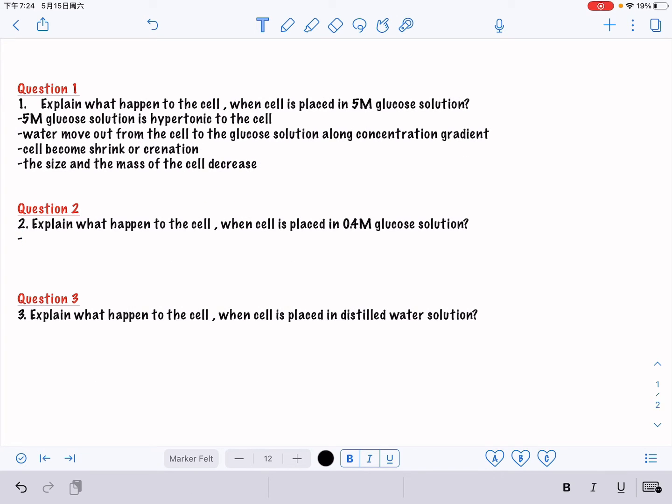Let's focus on question 2. We know that 0.4M glucose solution is isotonic to the cell.